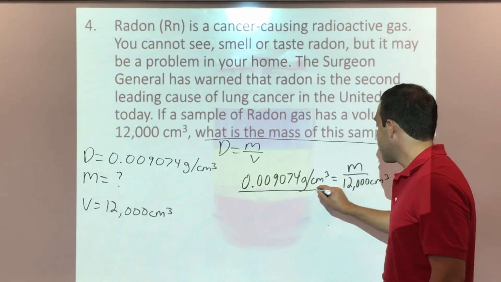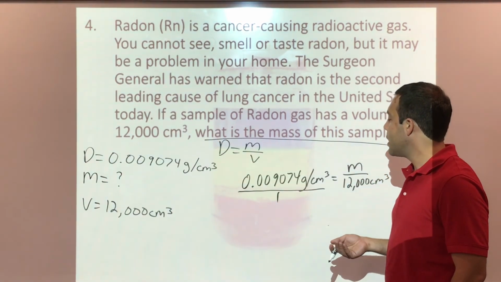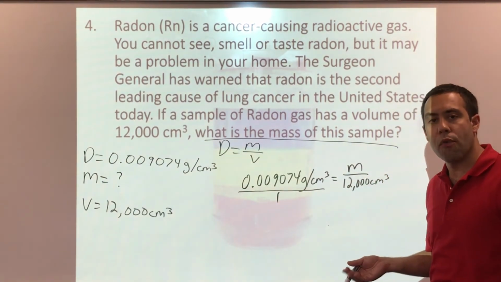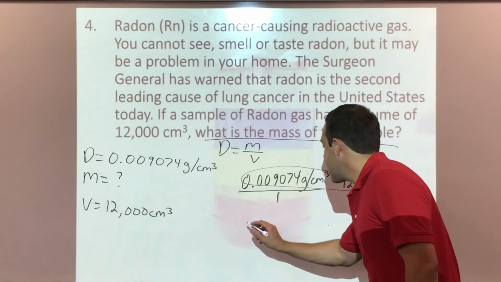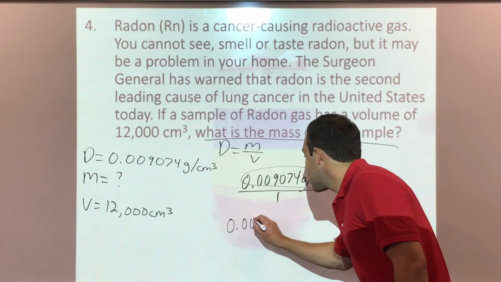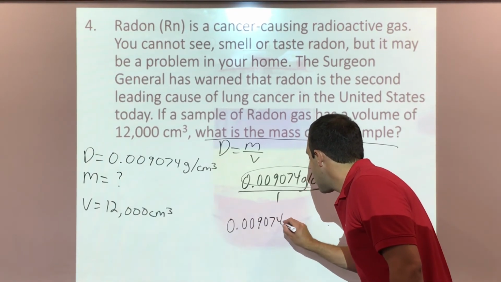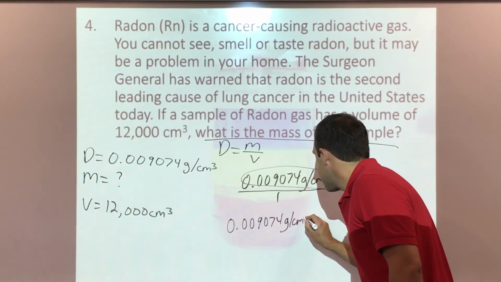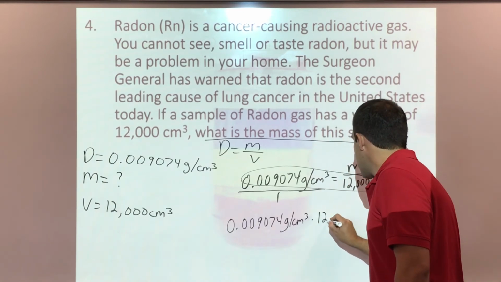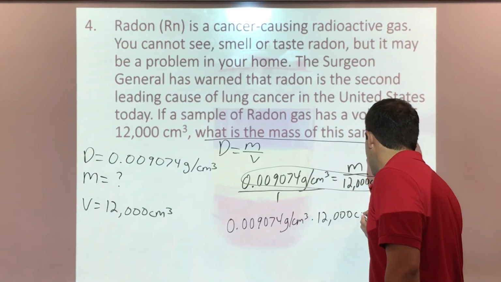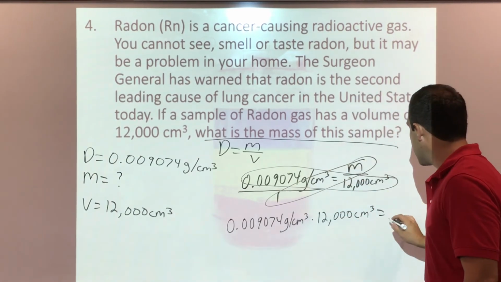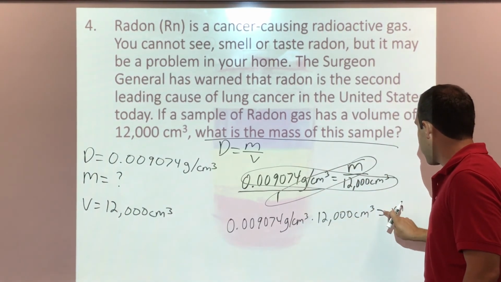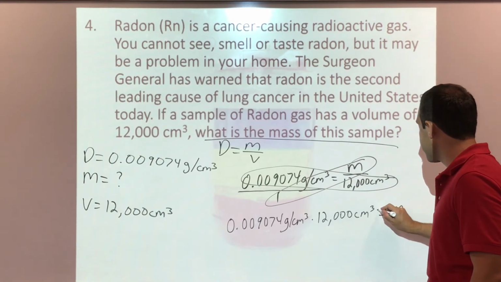Place the density, 0.009074 grams per cubic centimeter, over the number 1, and we cross multiply, which gives us 0.009074 grams per cubic centimeter times 12,000 cubic centimeters equals m times 1, mass times 1, but of course we're not going to write the 1.